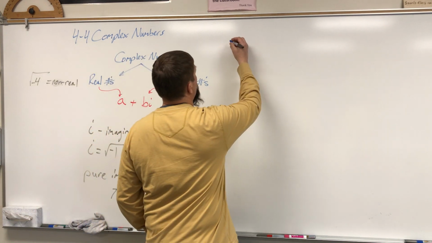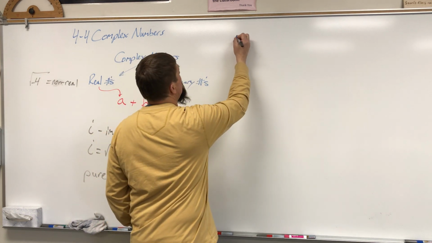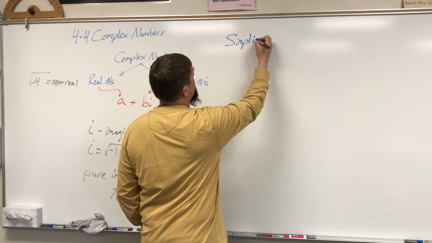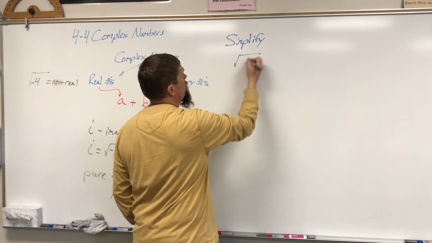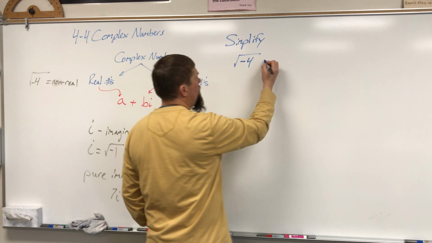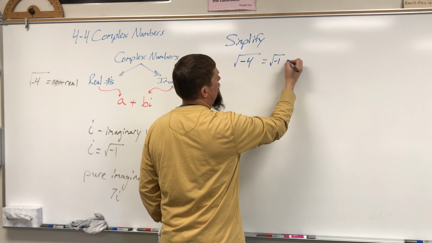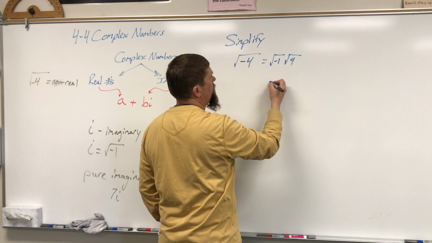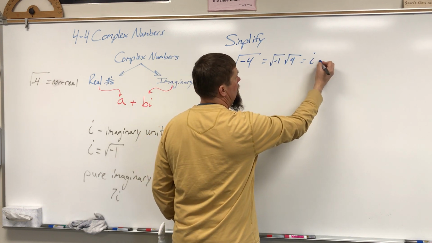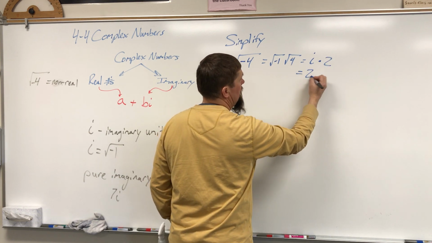Because we talked about simplifying radicals, when you have a negative number underneath the square root sign, for example, the square root of -4, this now is made up of two numbers, the square root of -1 and the square root of 4, which of course, the square root of -1 is i, the square root of 4 is 2, but then we always write it as 2i.